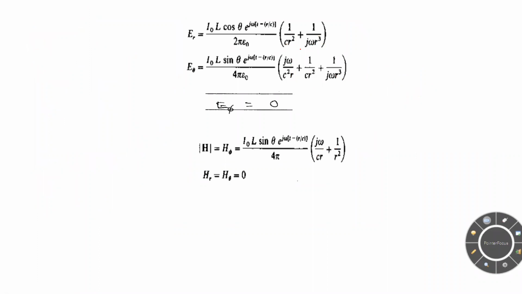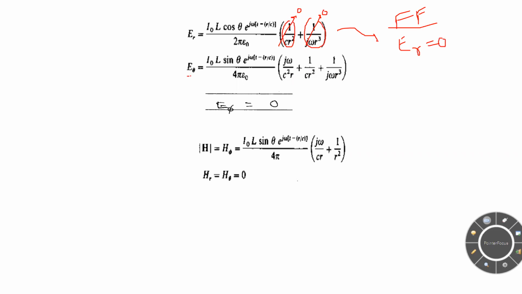Here 1 by r square is there, and here 1 by r cube is there. So this parameter will be nearly equal to 0, and this parameter will be nearly equal to 0. Therefore, in the far field, because of this assumption, we have the radial component equated to 0.